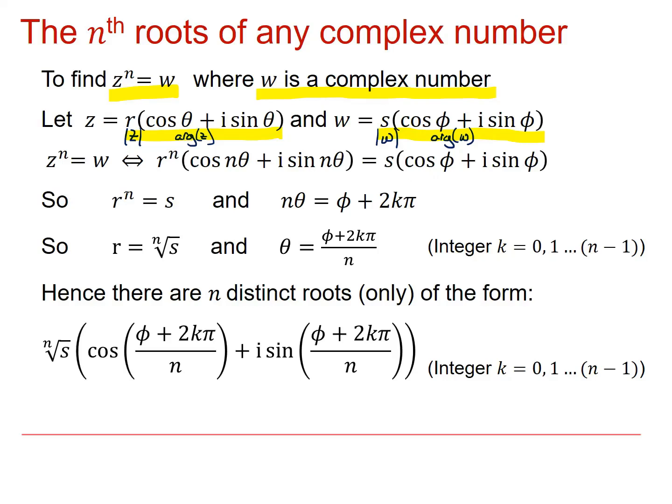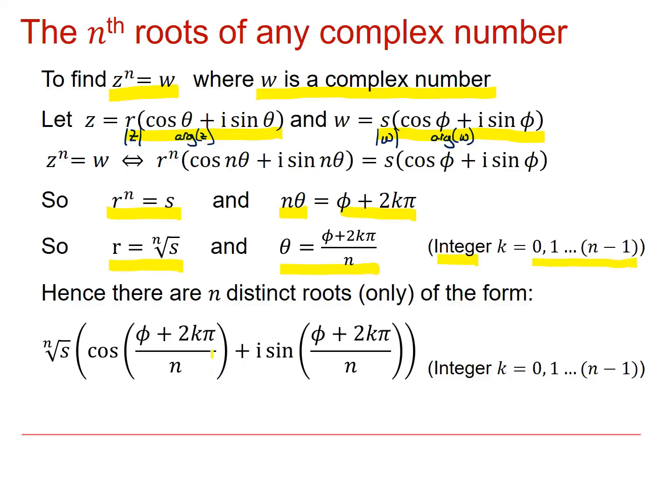Now this only happens when r to the n is equal to s, and when n theta is equal to phi plus 2k pi. Remember, it's phi plus any multiple of 2 pi. So this is going to give me that r is the nth root of s, and theta is equal to phi plus 2k pi all over n, and k can be any integer in the range 0 to n minus 1.